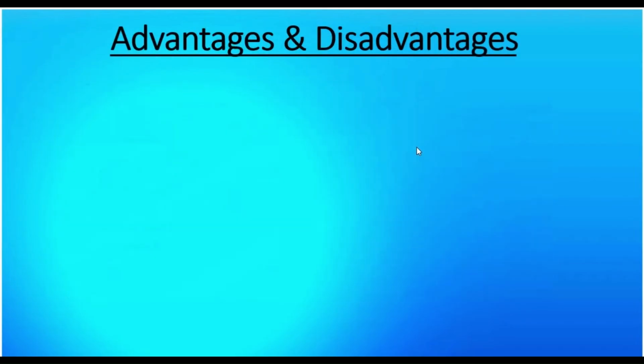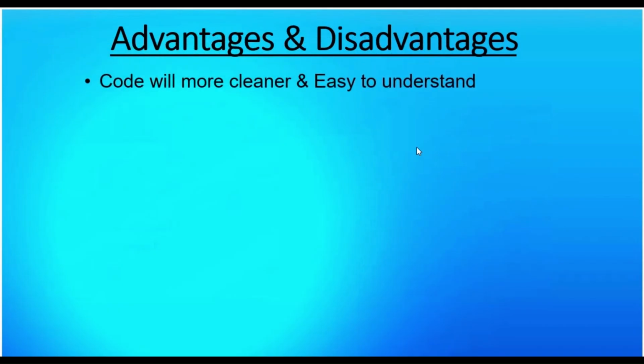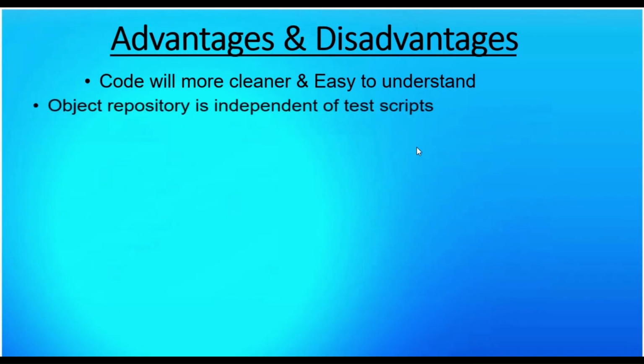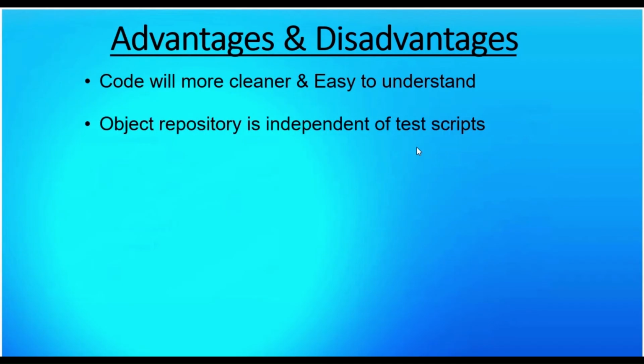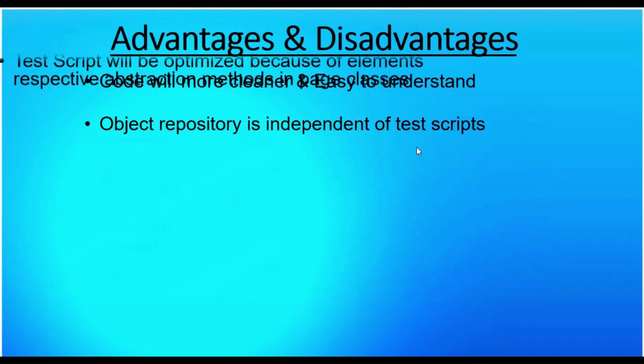So let's discuss what are the advantages and disadvantages of using the page object model concept. The code will be cleaner and easier to understand if you follow the POM concept. Then the object repository is independent of the test scripts, because we will be having the page classes, and the page classes contain the web page elements and objects, and with respect to that, abstraction methods which will perform actions on the same web pages.